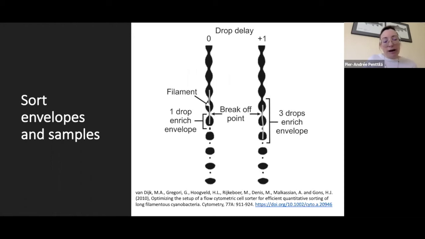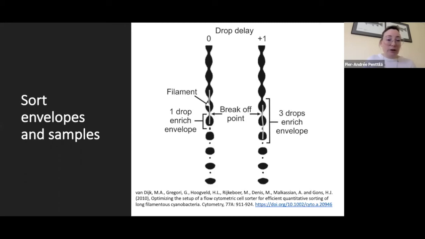So here I have, based on the paper by Van Dyck, a graphic representation of the theoretical interaction between, in this case, filamentous cyanobacteria in the jet and droplet formation in connection with the sorting envelope and the drop delay.